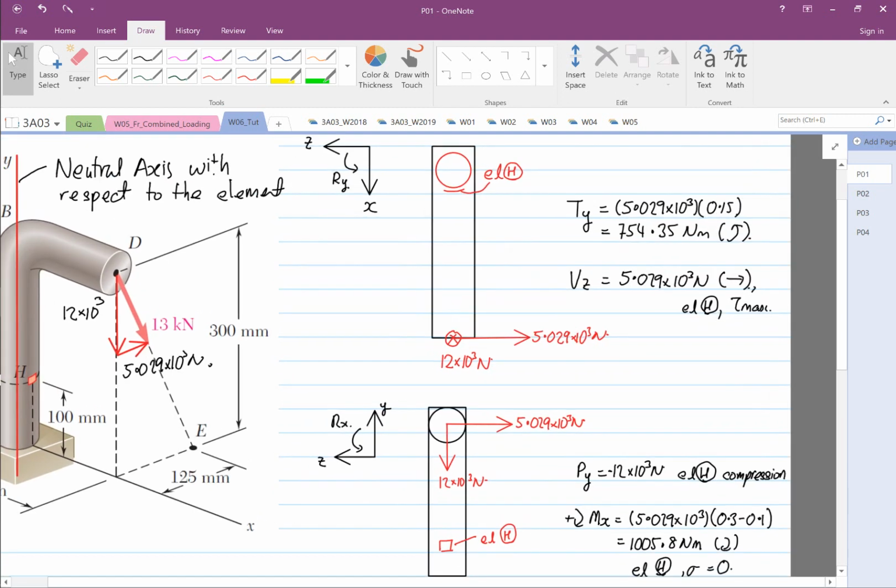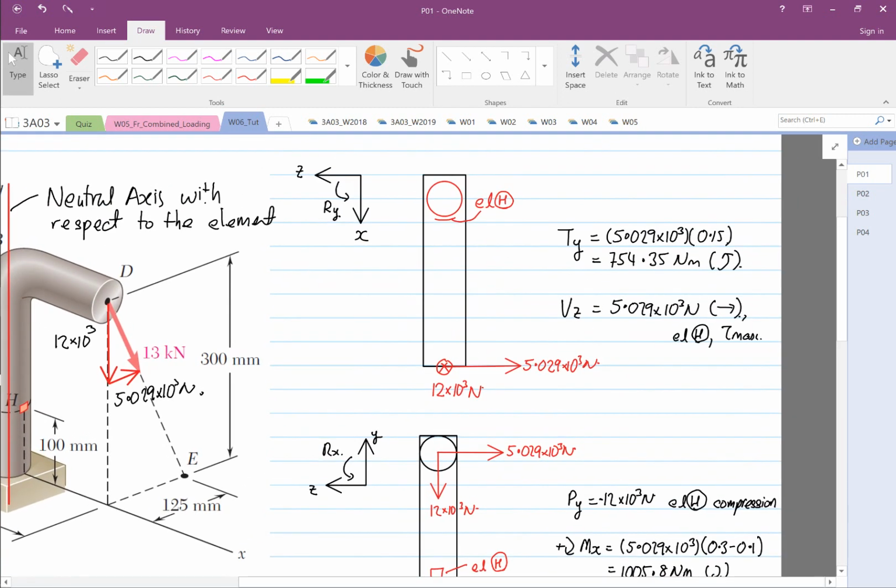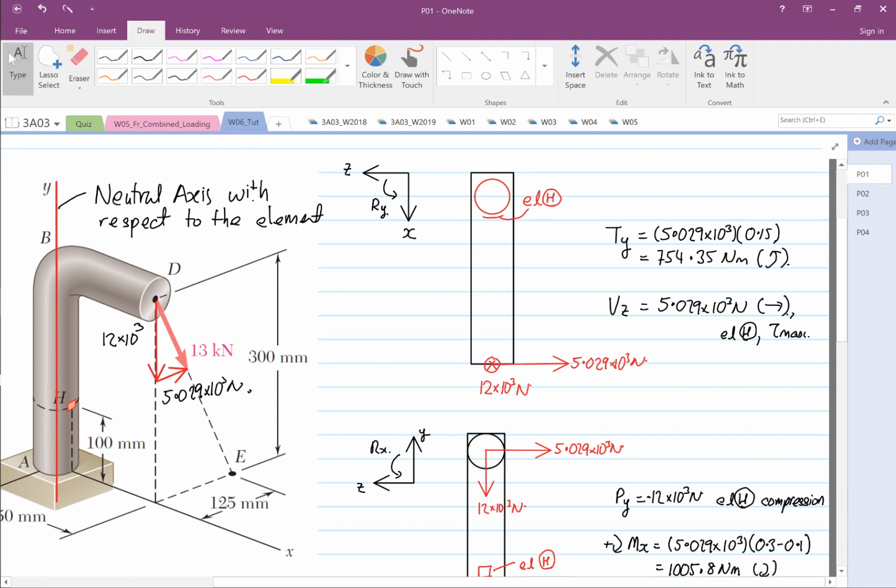Then we view it from a different orientation. Remember, this is a 3D problem solved in a 2D world, like a piece of paper, so we have to draw in 2D. Then you will not be lost.